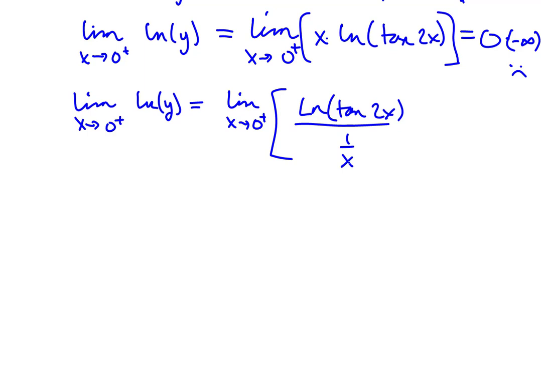You could flip this 1 over x up and over, and it would be multiplying the x times the natural log there. So we'll leave it like that, which conveniently now converts this into infinity over infinity, which is actually good news because that's a L'Hopital indeterminate form.